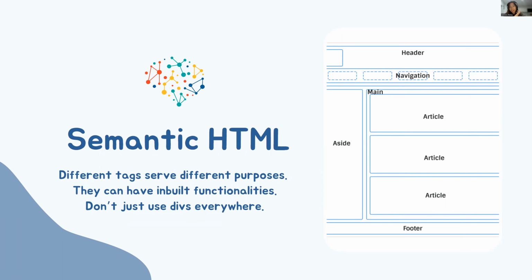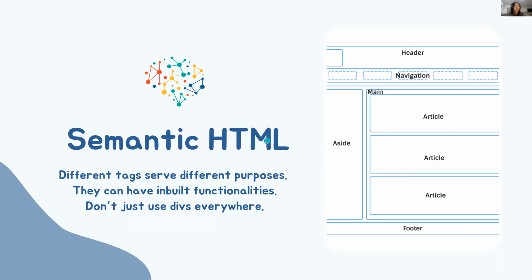Use an actual heading tag. And for how we space stuff around in a page, we don't just use divs everywhere. We can use other stuff that is more useful.